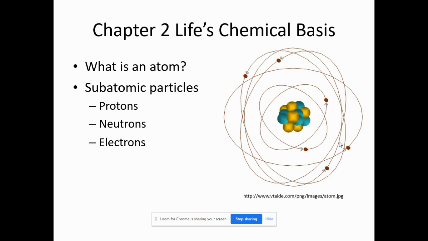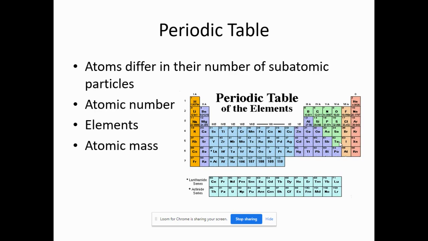The protons and neutrons are in the nucleus, and the electrons move around the nucleus. Now, atoms can differ in the number of subatomic particles: the number of protons, the number of neutrons, and the number of electrons. Those differences are how we classify different atoms.